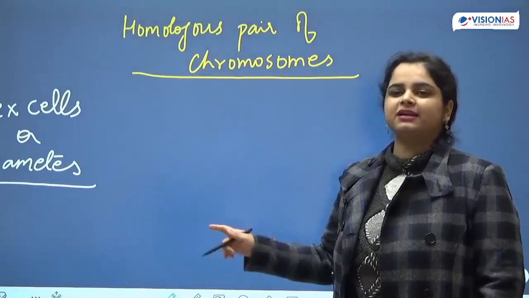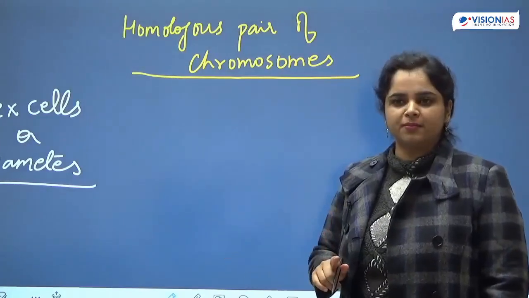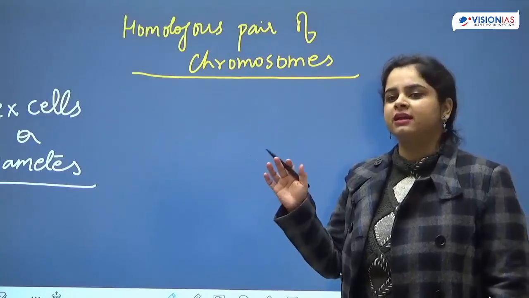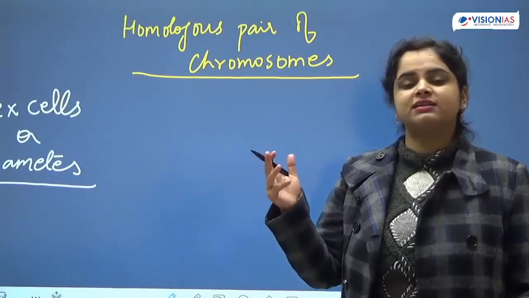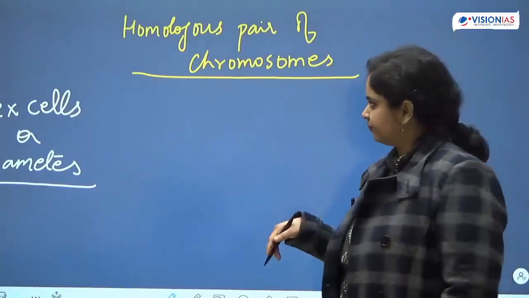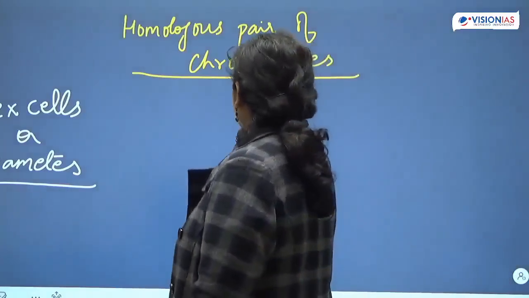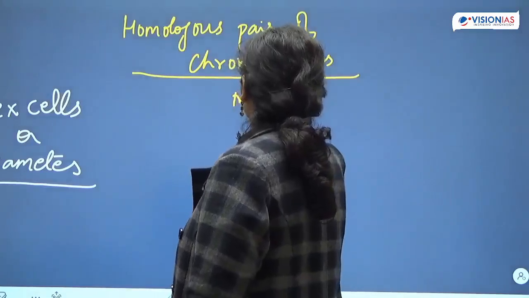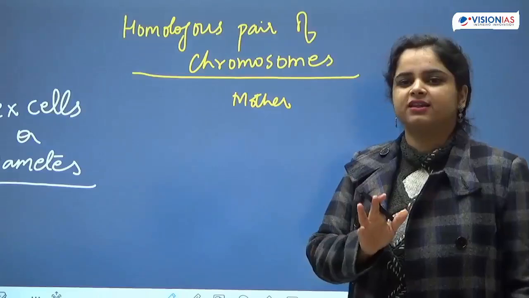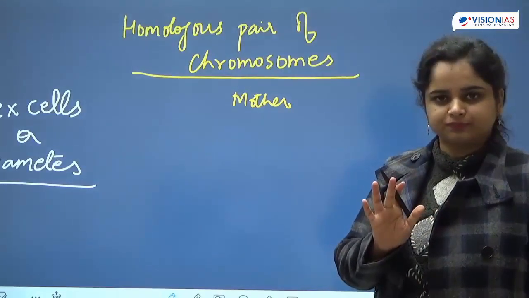We said that 23 chromosomes are coming from one parent, 23 from the other. Now which 23, which characters, how it's represented, that's the point which you need clarity on now. So let's write down for one parent, say the mother. Mother will give you 23 of her chromosomes.